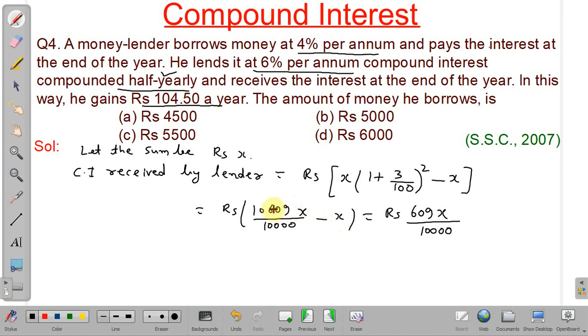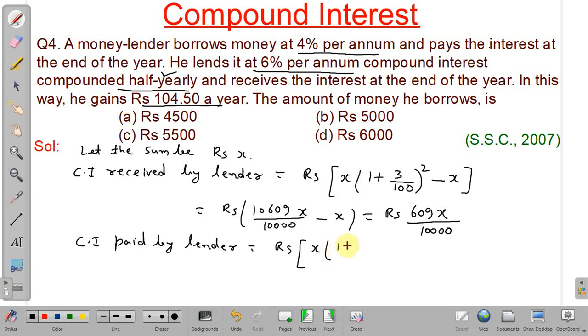Now he needs to pay interest at the rate of 4%. So compound interest paid by the lender will be equal to rupees, sum will be the same, that is X, and rate percent will be 4%.